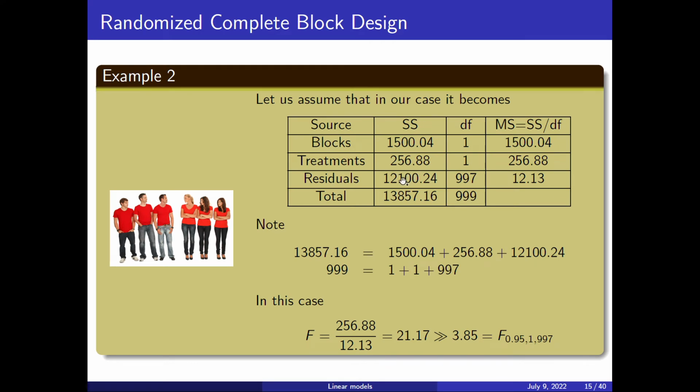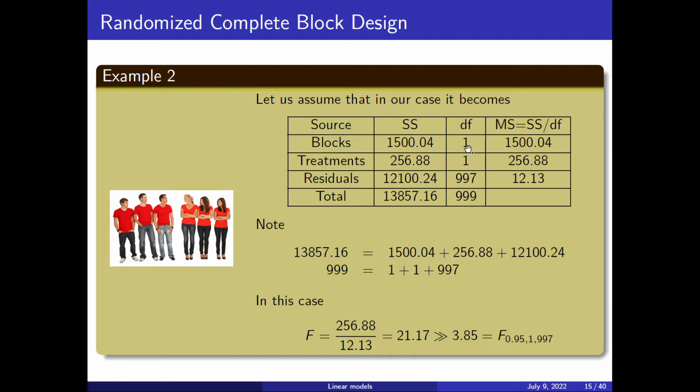So it doesn't come for free. I have to spend 1 degree of freedom here, but it is very, very cheap, because it is the variable that explains most of the variability. So it is the gender. And the residuals now have lost 1 degree of freedom that has been spent on estimating the contribution of the gender.